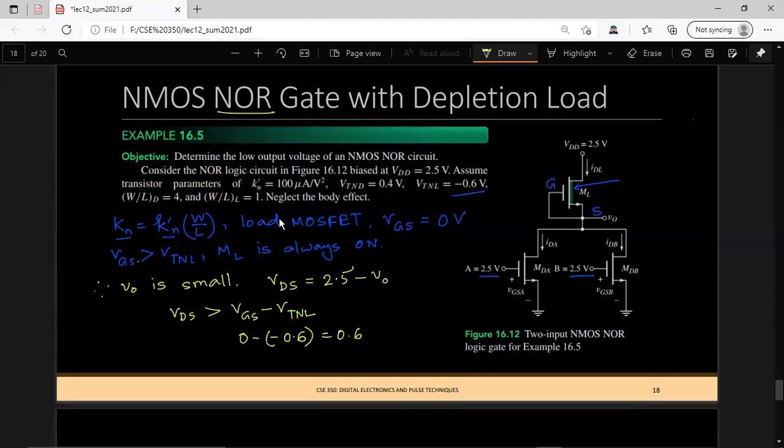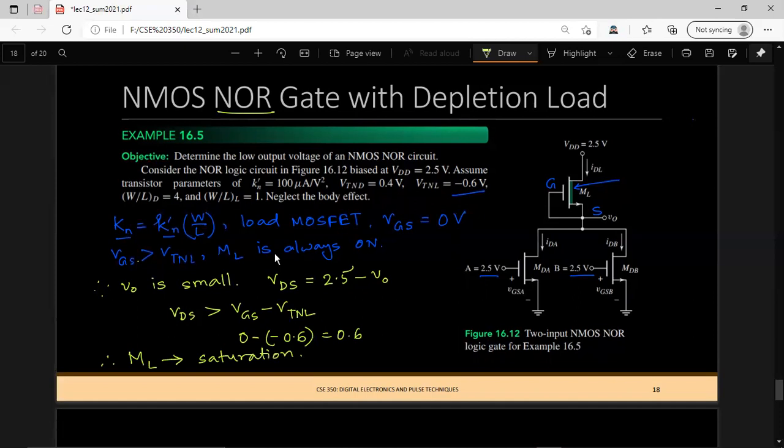So we can say that V0 is small, therefore VDS would be around 2.2 or 1.8, and that would be much higher than 0.6. So we can almost certainly say that ML is operating in saturation.